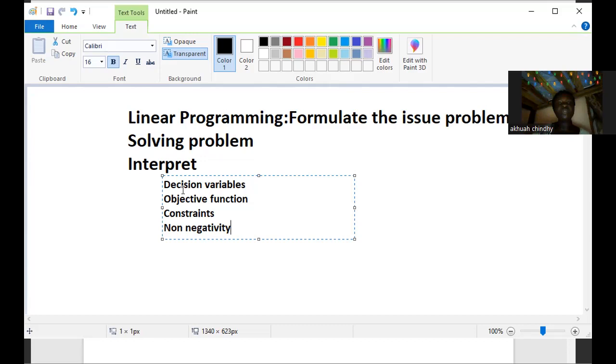So when we come to the objective function, there are contributions. Let's say you want to make a decision on whether to produce chairs and tables. There you have to know what contribution of tables will add up to my profit. Let's say after making the tables, you want to sell one for 50.